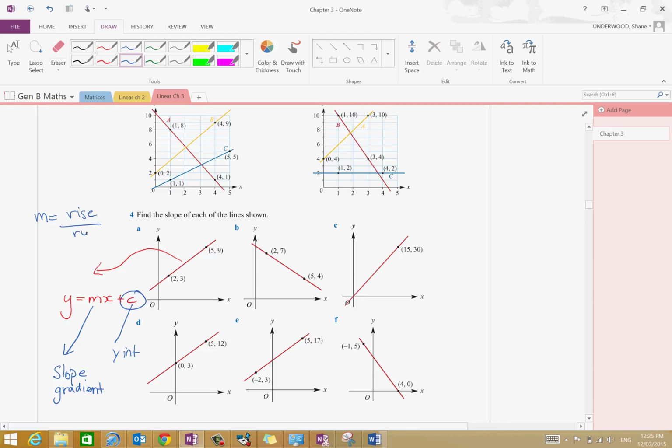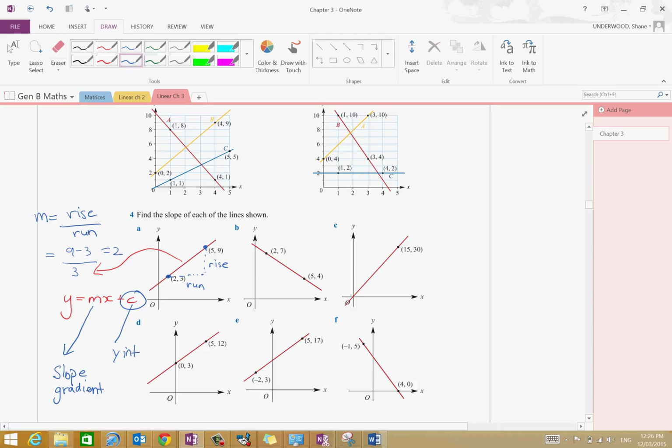Now, if we've got a set of coordinates like we do here, then we can even just draw a triangle and ask, what's the rise and what's the run? It rises from 3 to 9, so the rise is 9 minus 3, which is 6, and the run is from 2 to 5, which is 5 minus 2, which is 3. 6 over 3 is 2.